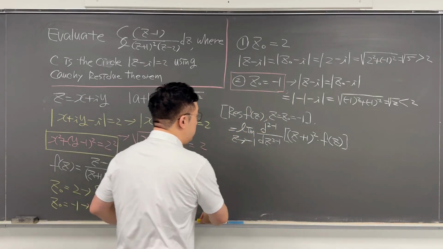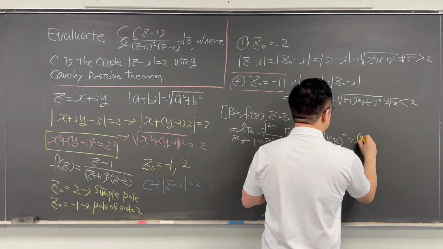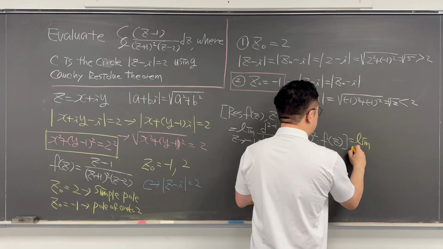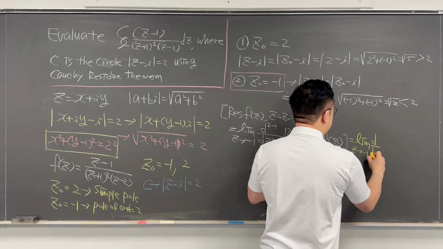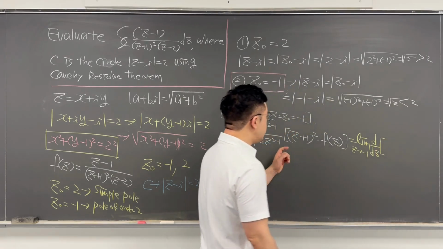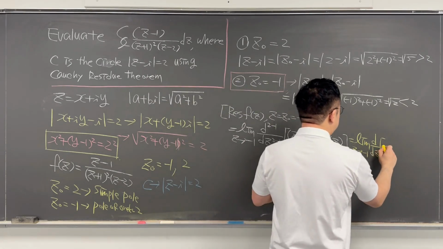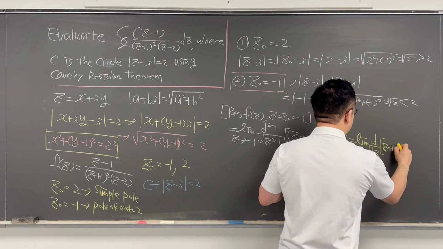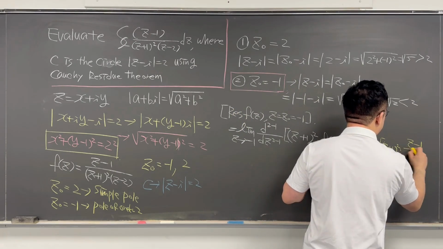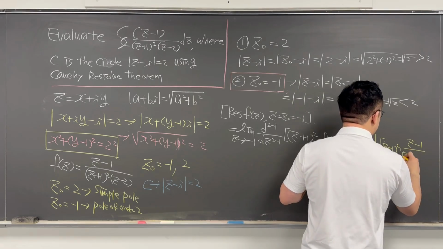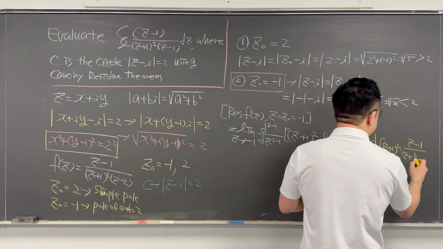So working this out, it is the same as the limit as z goes to -1 of d over dz. Inside of the bracket, it should be (z plus 1) squared times f of z, which was (z minus 1) over (z plus 1) squared times (z minus 2).